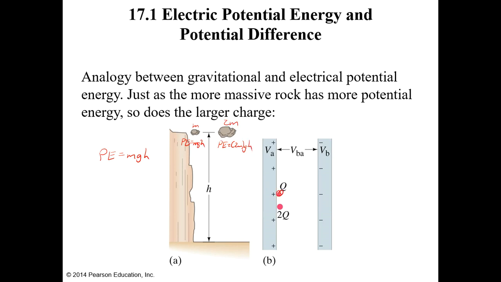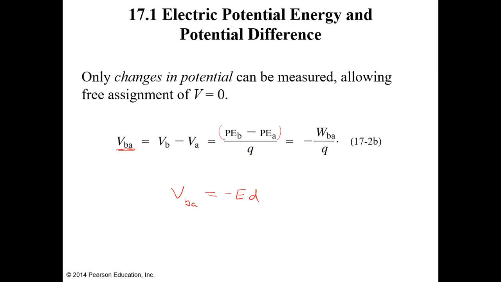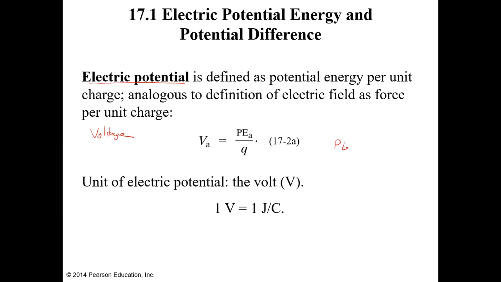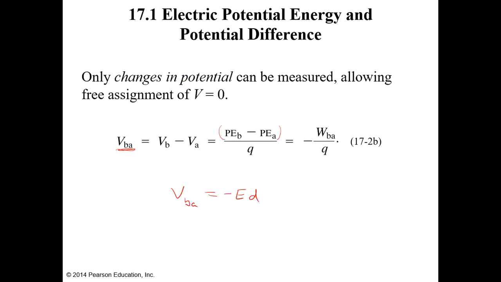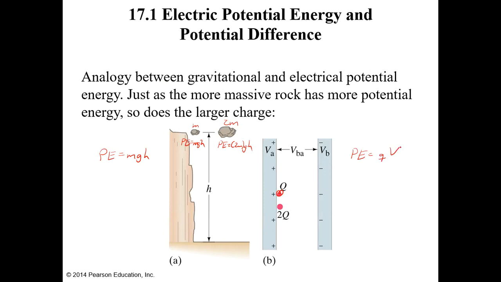Likewise here, if I have some charge q, potential energy would be q times v. This one would have a potential energy of qv, whereas this charge down here would have a potential energy of 2q times v. So just like with gravitational potential energy, where you double the mass, likewise, your electric potential energy will double if you double the charge.